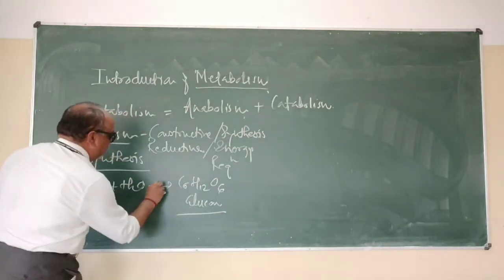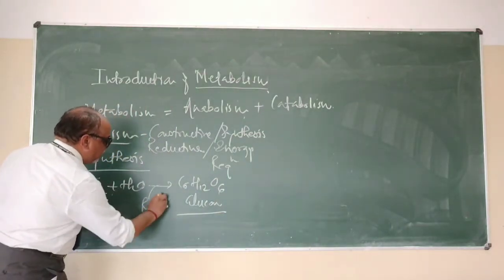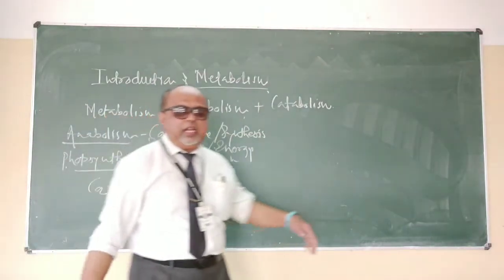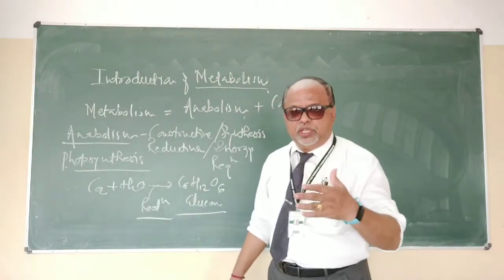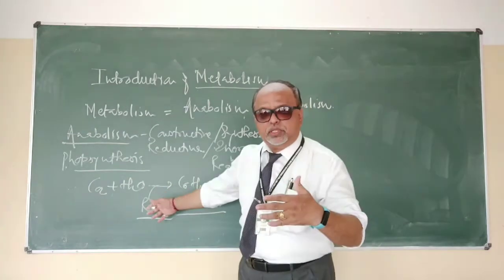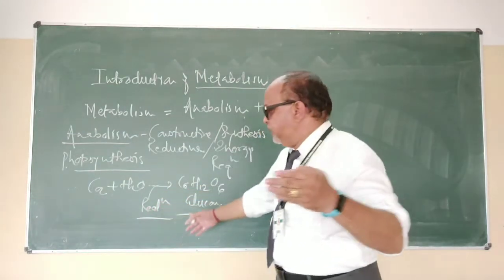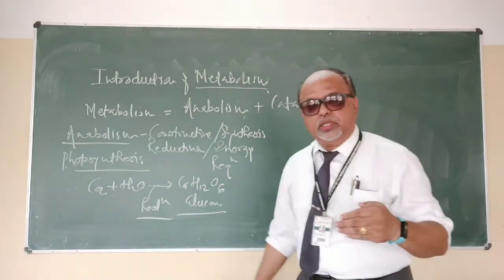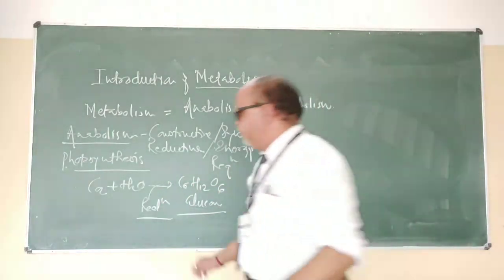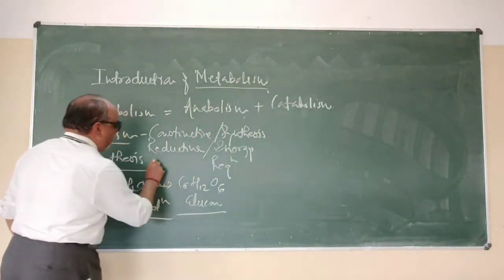Second thing: during this reduction, NADPH plus H plus are the reducing agents, used for reduction purposes. During the Calvin cycle they cause the reduction and form glucose. And the second important thing is that it requires the input of energy.